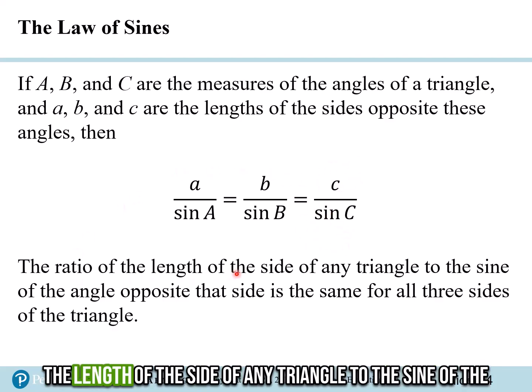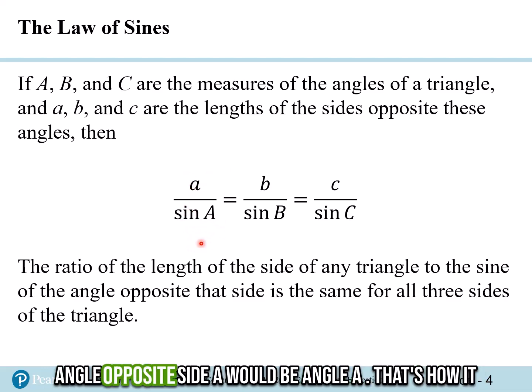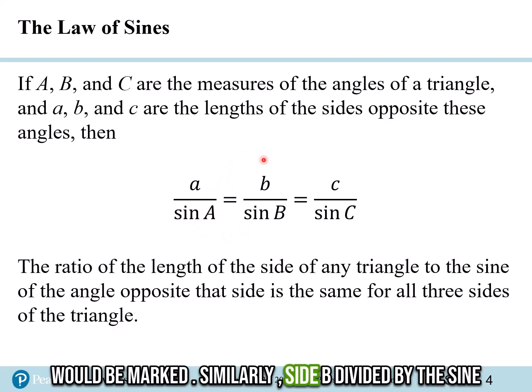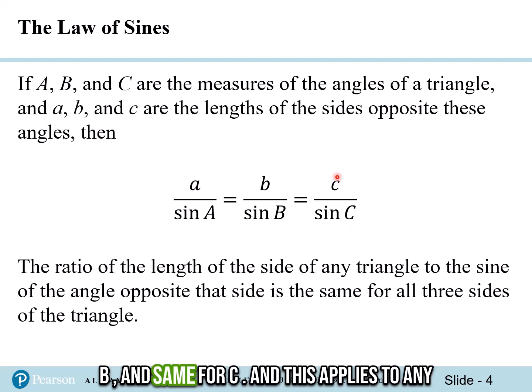The ratio of the length of the side of any triangle to the sine of the angle opposite that side. So side a over the sine of the angle opposite side a would be angle A. That's how it would be marked. Similarly, side b divided by the sine of the angle opposite side b would be labeled as angle B, and same for c.